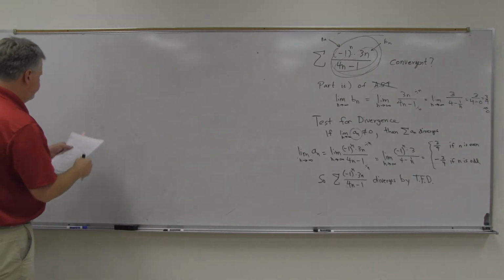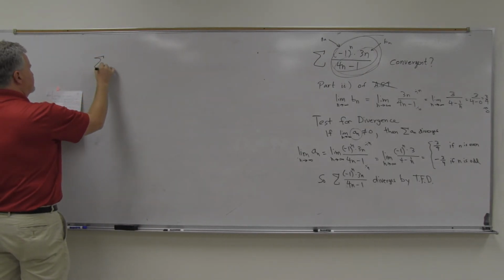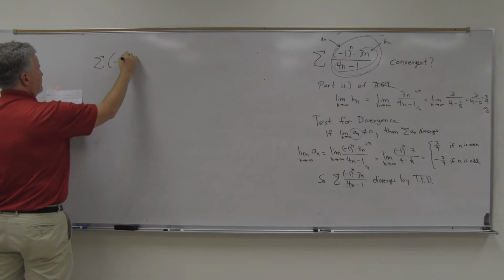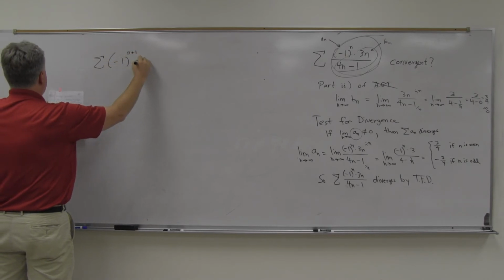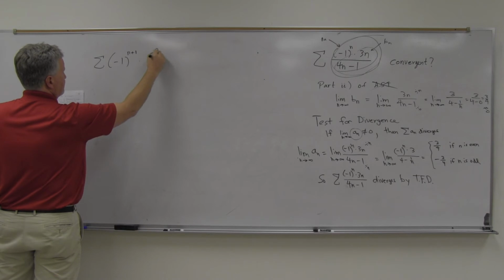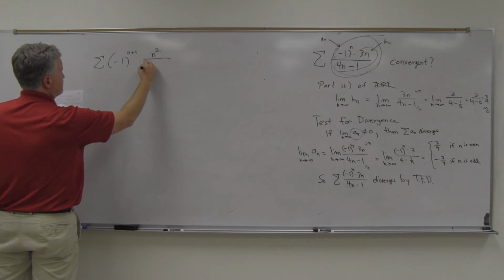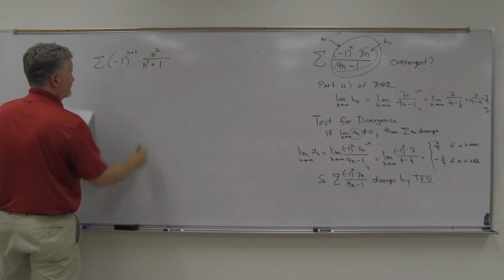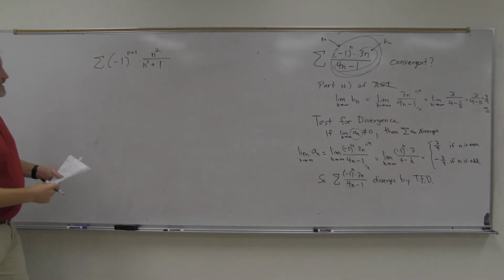Okay, here's another one. This series is negative 1 to the n plus 1 times n squared over n cubed plus 1. Does it converge?